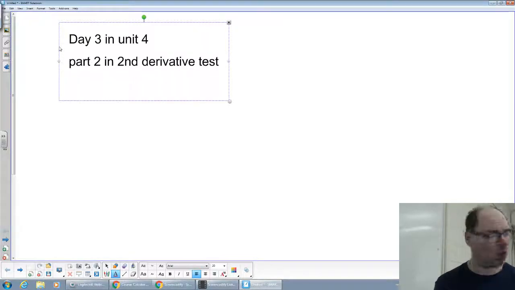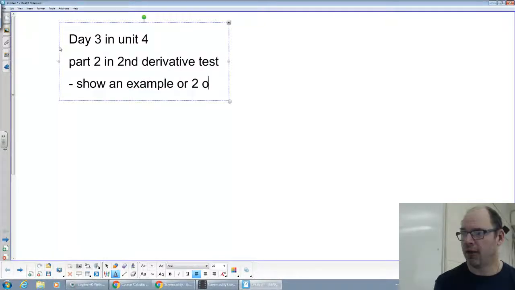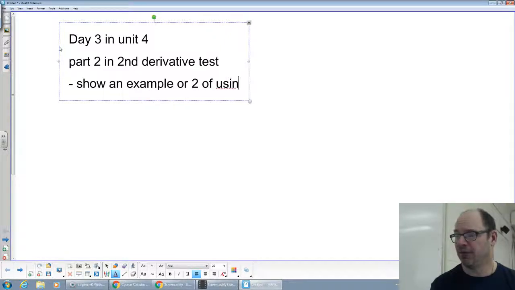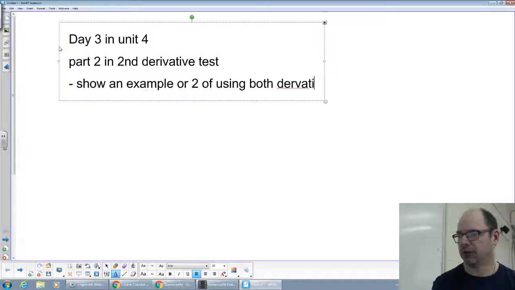Basically, I'm only having one objective today. What I want to do with you is show an example or two of using both derivative tests to analyze a curve.